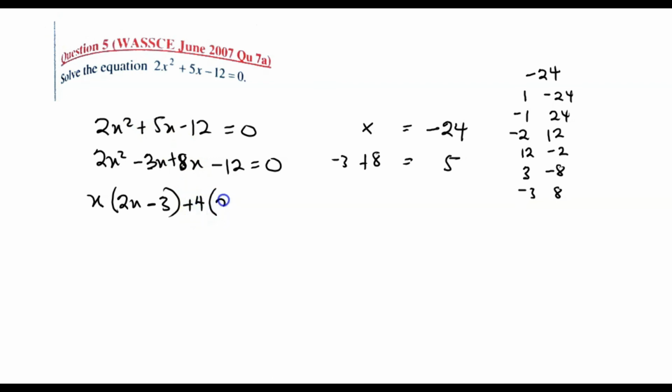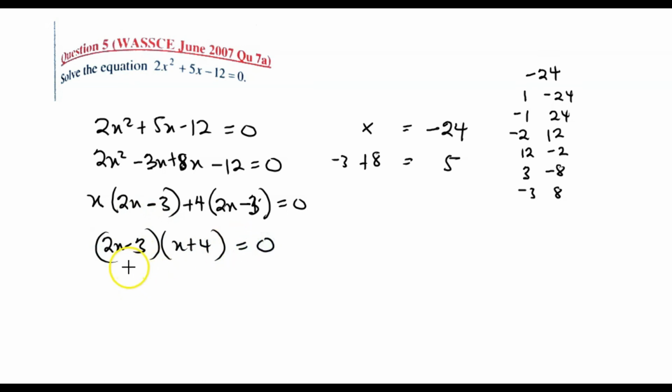Hence we have 4(2x minus 3), because 4 times 2x gives us 8x, 4 times negative 3 will give us negative 12, and all must be equal to 0. So the common factor between the two-term expression now is 2x minus 3, multiplying the other factor, which is x plus 4, and that must be equal to 0.